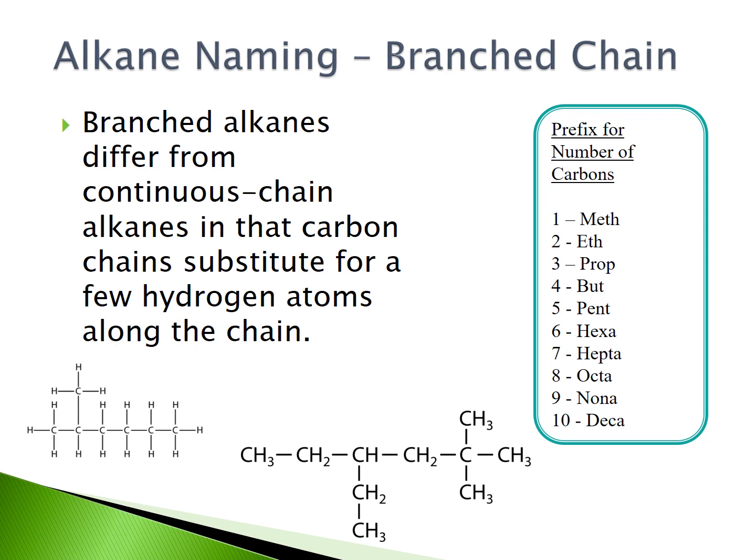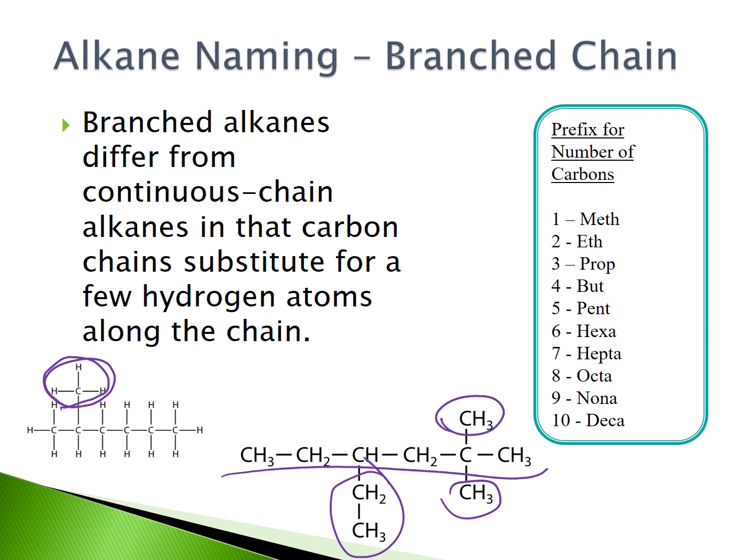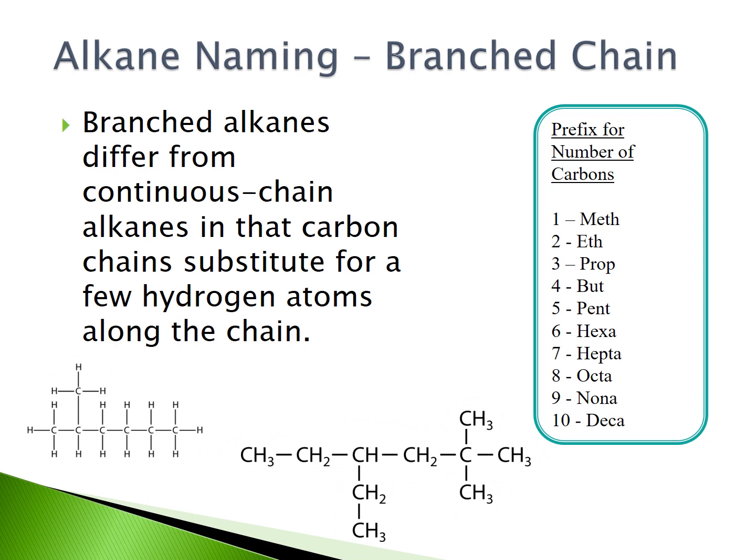But what happens a lot of times is you get these little branches. If I look at this picture down here, I see different carbons branching off of one straight chain. So how are they different? The branched alkanes differ because the carbon chains substitute a few hydrogens for carbons.